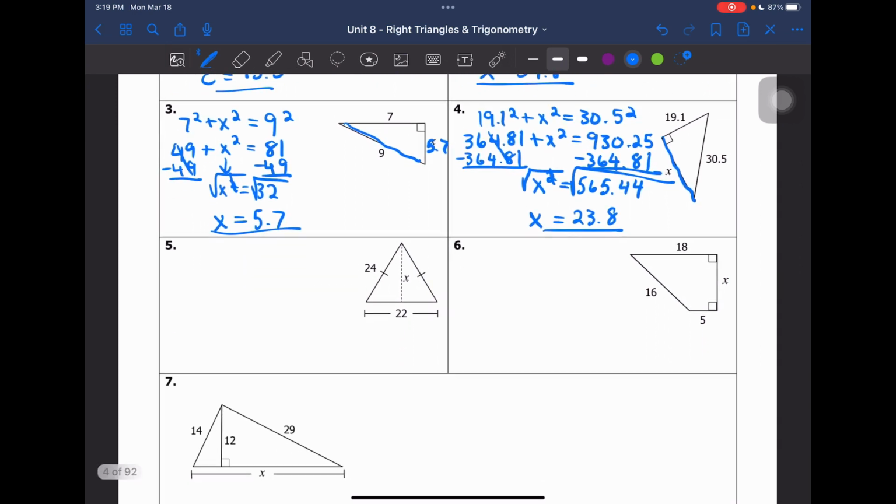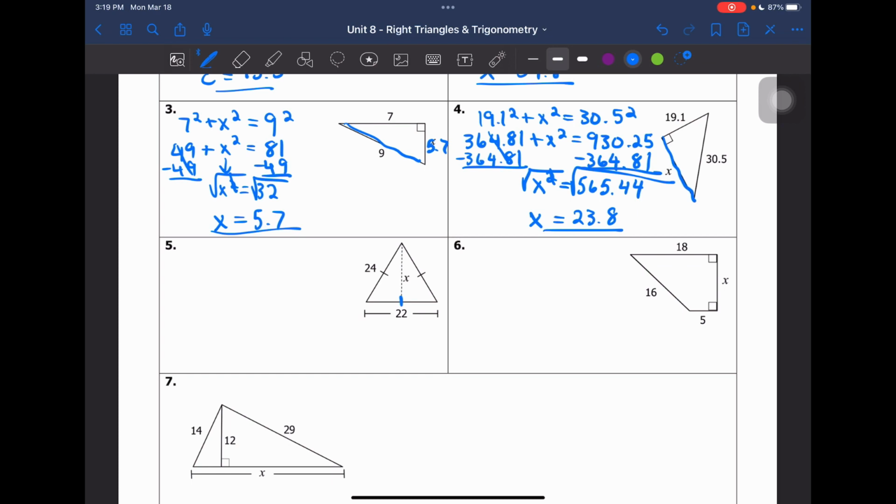All right, so number 5 might look a little bit different, but essentially what we're seeing is this is a right triangle right there. And then there's also a right triangle on the left. So if we know that this side on the left is 24, we can tell that this is right in the middle.